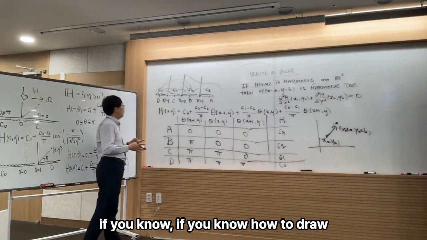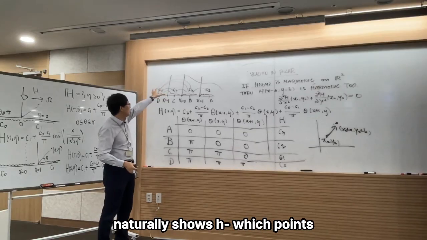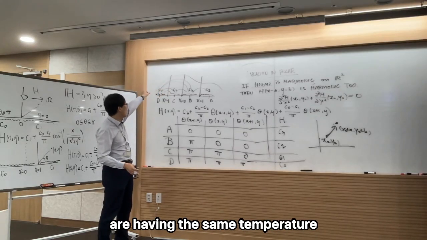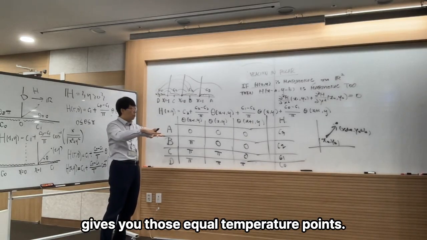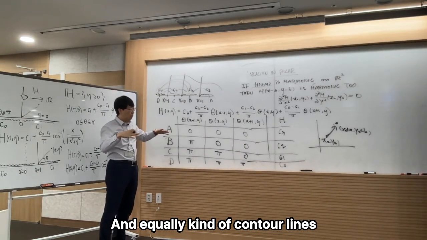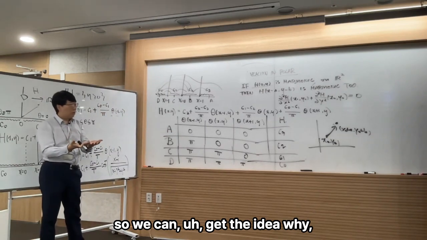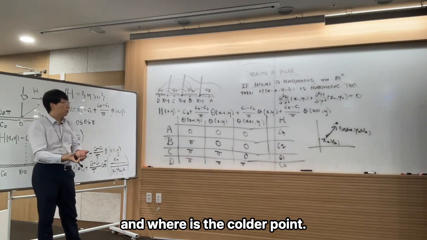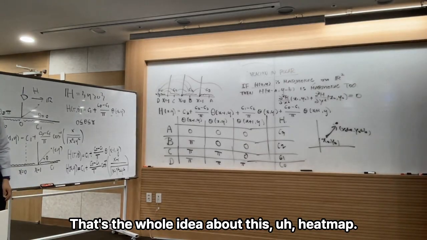If you know how to draw the contour lines of a function, then the contour lines naturally show which points have the same temperature, and these equal temperature lines give us the idea of where the hotter points and the colder points are. That's the whole idea about this heat map.